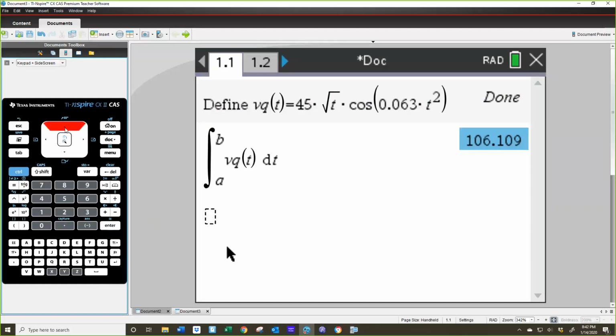If they go up and highlight it and press enter, they will have more decimal places. If they perhaps need to record more or use more or make sure that they're rounding appropriately or something like that.